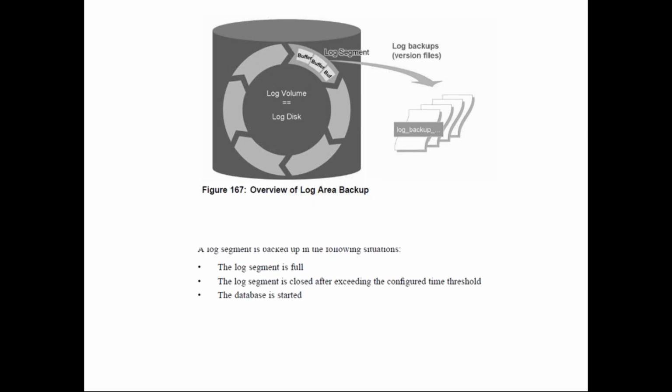When the system has to write data into that disk space, it won't write directly. It will first create a file, and then the data will be written into the file. That file created in the log volume is what we call a log segment file.